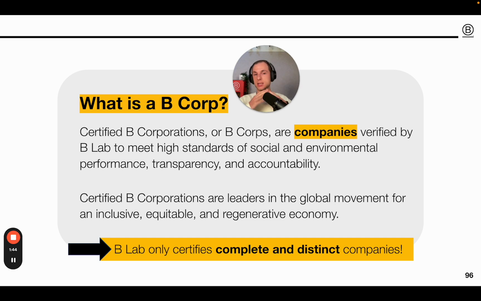If there's a group of sister companies and there's overlap in terms of operations or branding, or employees who are working for three of the sister companies at the same time, it might not be possible to certify one of those companies separately, because B-Lab deems that it is not a complete and distinct company from its sister entities. I'm getting ahead of myself a little bit here, but I want to emphasize the importance of this definition that B-Lab certifies complete and distinct companies.